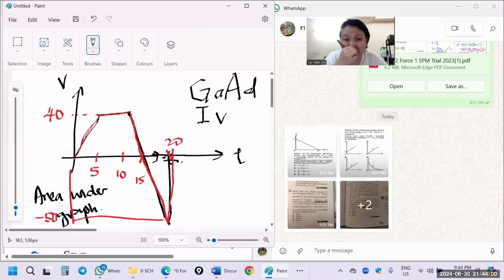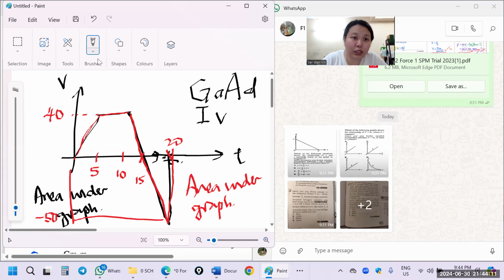Okay, area under graph actually is area under graph. When you see this, please change it into area between graph and x-axis.